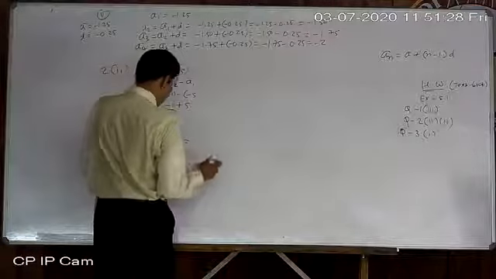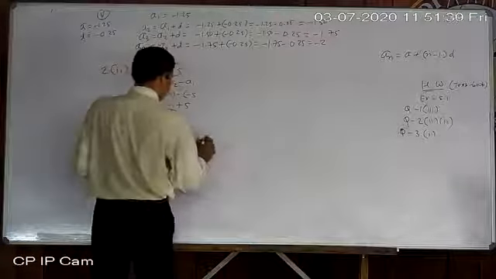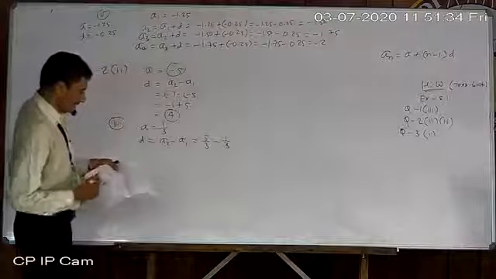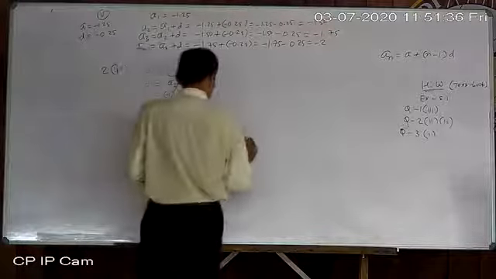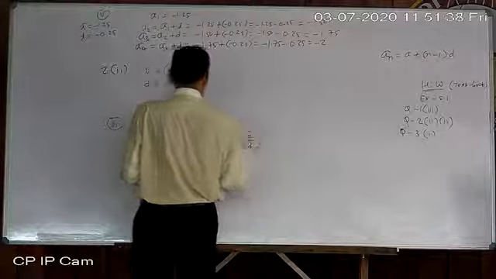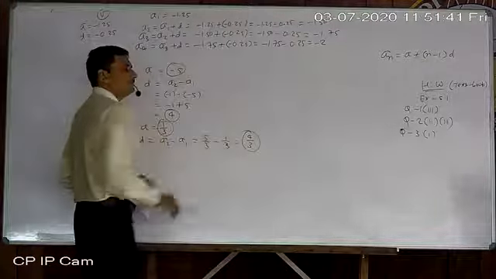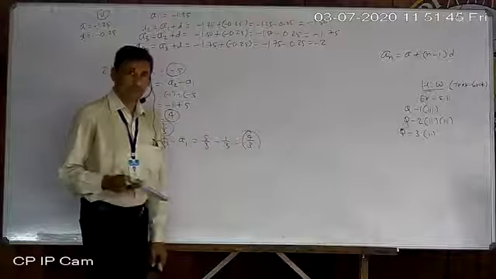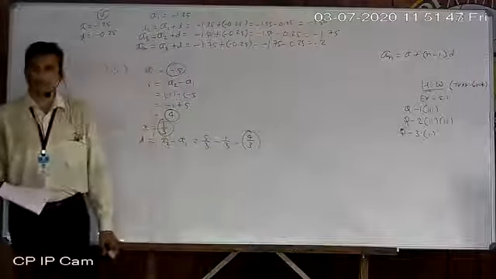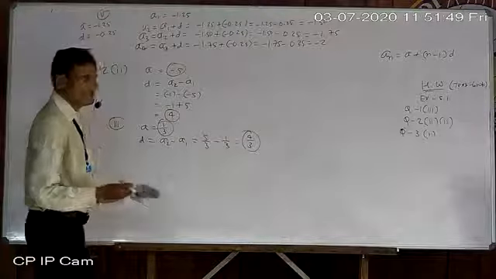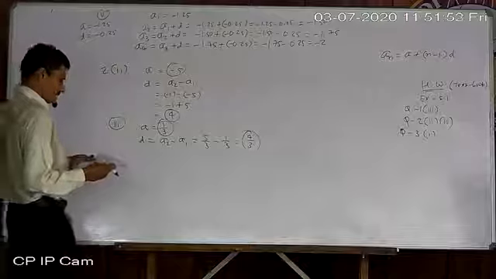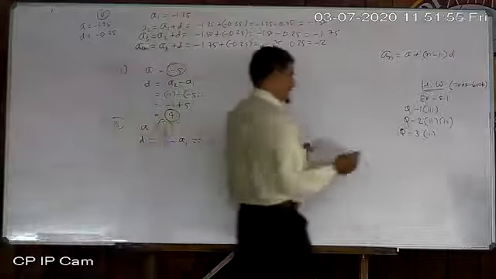So it will be 5 by 3 minus 1 by 3, which equals 4 by 3. So that is our answer, A and D. No need to convert to a mixed fraction, particularly when the denominator is 3, 7, 11 like this. Keep it in the simplest fraction only. Now number 4, you can do it. Very simple.